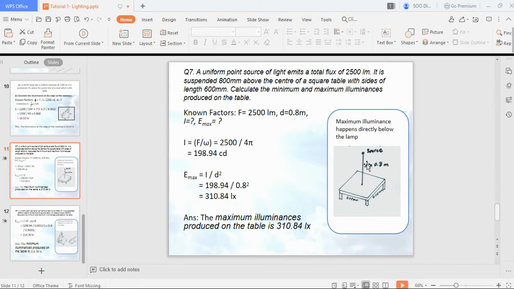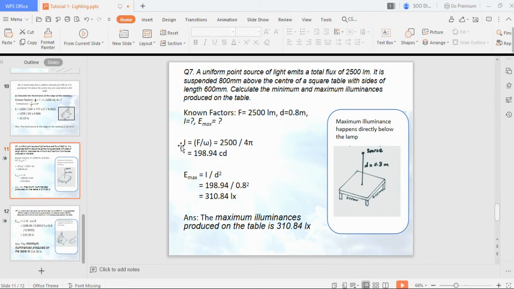So with that in mind, you know that the point directly above at a right angle, which is a distance of 0.8, is the maximum illuminance, and the minimum is at the edge of this table. So with that in mind, you have to find the I.